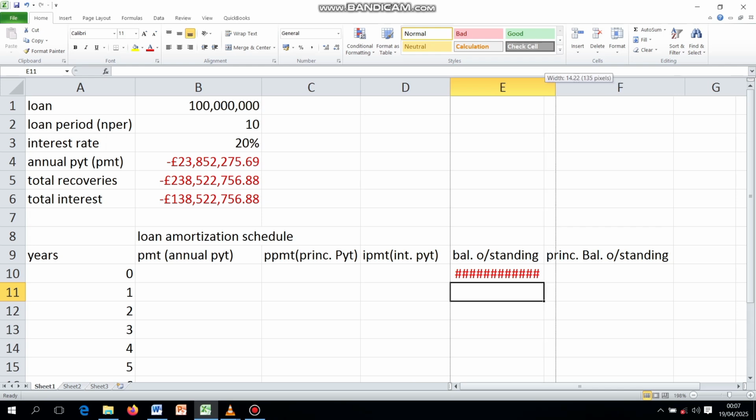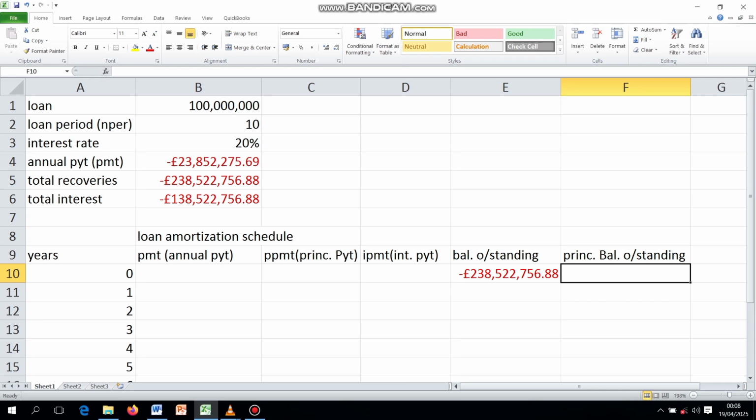So you have to make adjustments in the space so that they can fit. So when we come to the principal balance outstanding, we shall use our formula, which is equals the loan, and we shall press enter. That will be our principal balance outstanding.